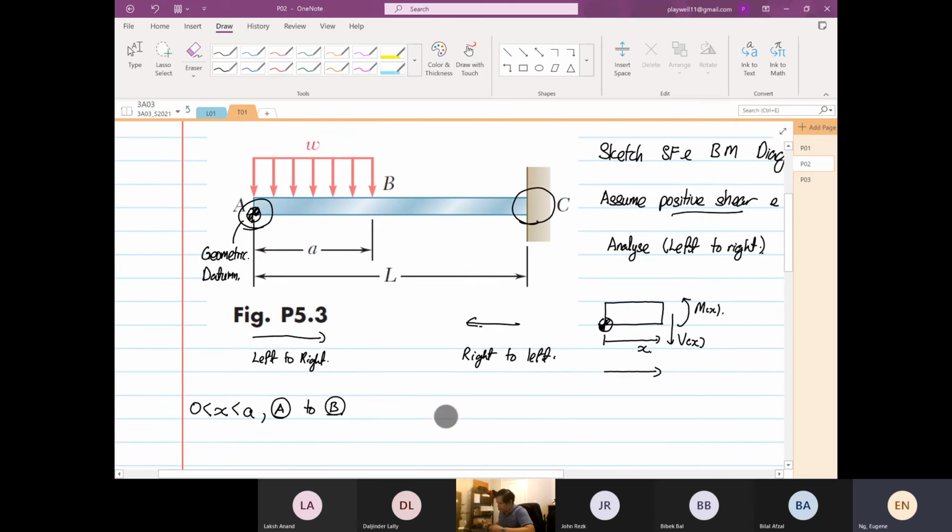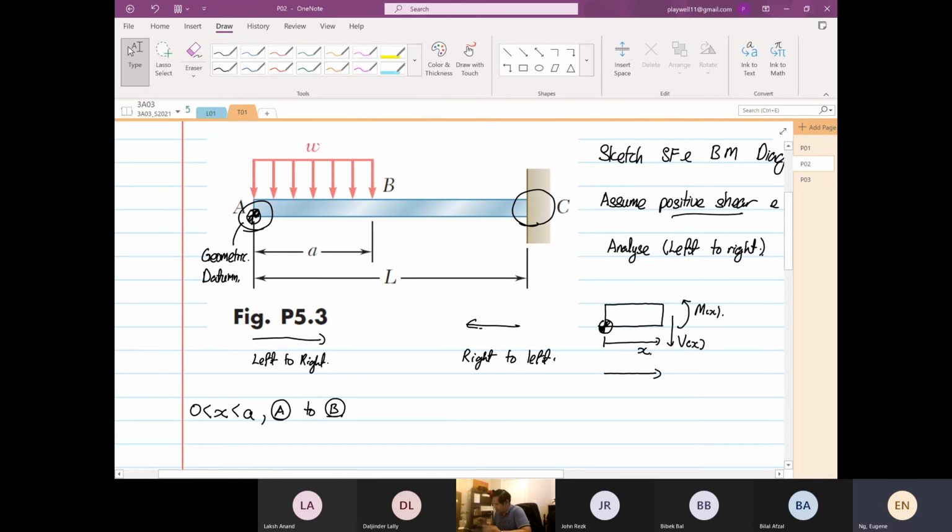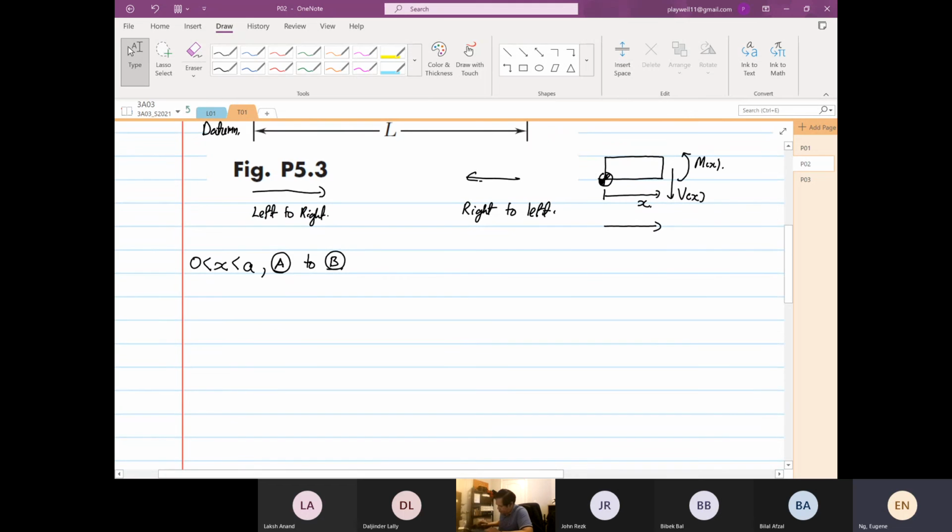Point A to point B has an evenly distributed load. So this is my point A. This is our geometric datum on the left hand side, so this is x. Over here, for the evenly distributed load, we have omega multiplied by a distance of x, so omega x.